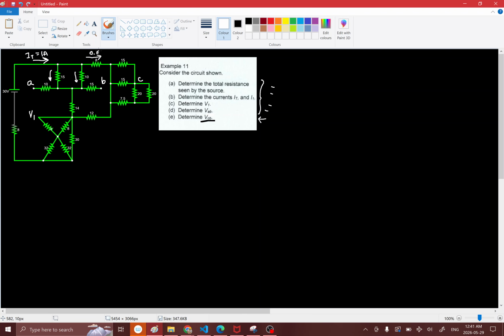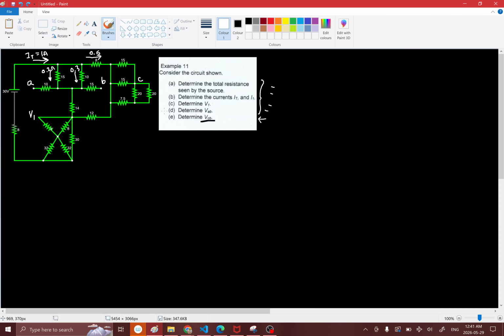This for sure was 0.5 amps. This I think was 0.3 amps, and that means that this one over here has to be 0.2 amps. So 0.2 amps going down this resistor, 0.3 amps going down this resistor here, and 0.5 amps going this way. And those all have to add up to 1 amp, of course, because that's the total current.